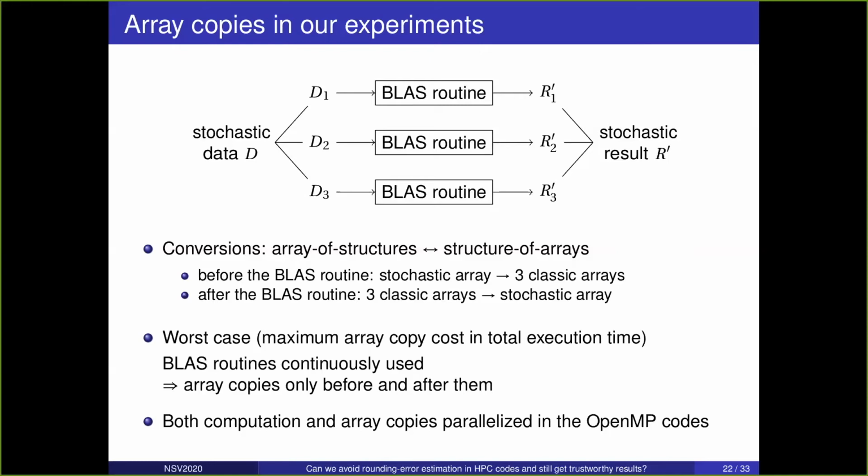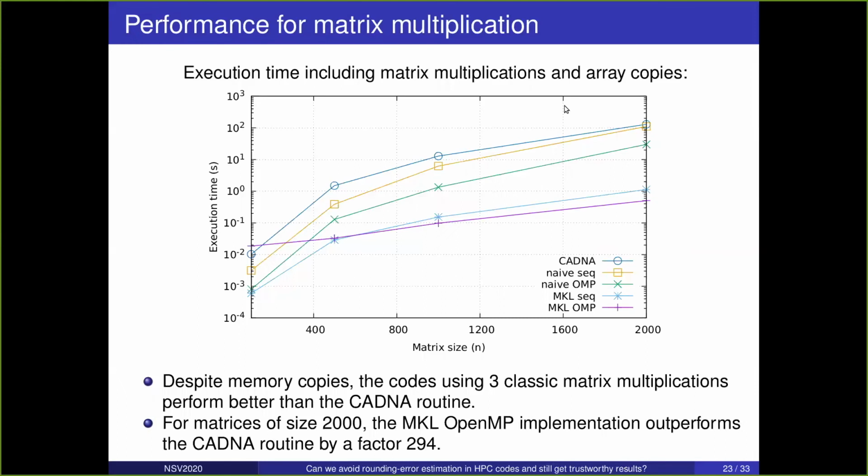When BLAS routines are continuously used, the array copies are performed only before and after them. As a remark here, both computation and array copies are parallelized in the OpenMP codes. So you have here the performance for matrix multiplication. So for different matrix sizes, we have the execution time of all the codes.